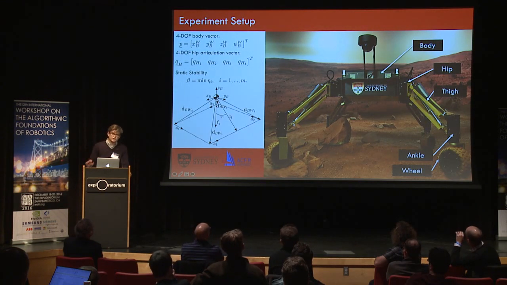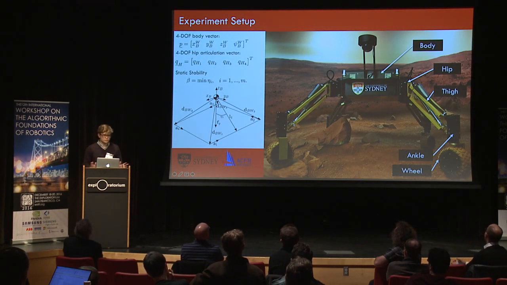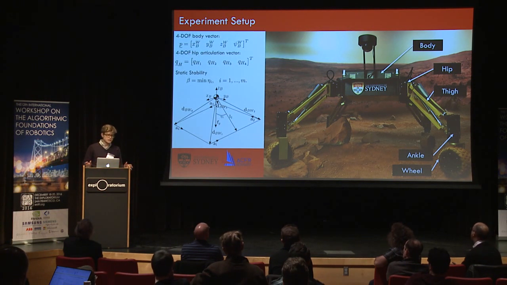So we've run a series of experiments with this algorithm using the Mammoth rover, and we consider an 8 degree of freedom planning space. This space incorporates the translation of the vehicle, the yaw of the vehicle, as well as its reconfigurable footprint represented by each of its hip actuators.